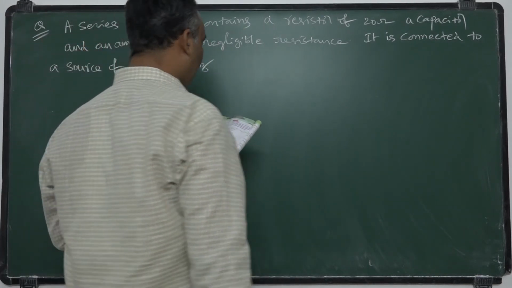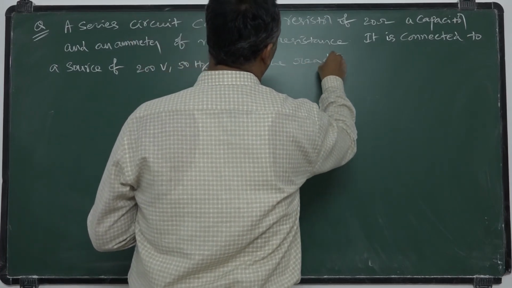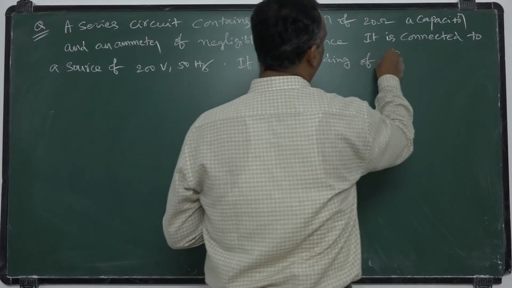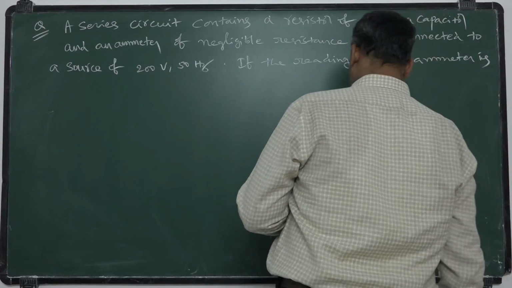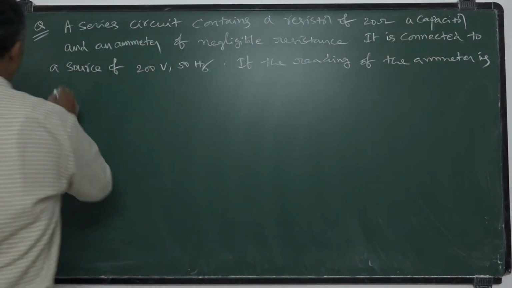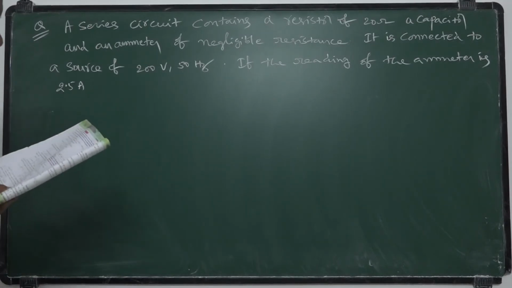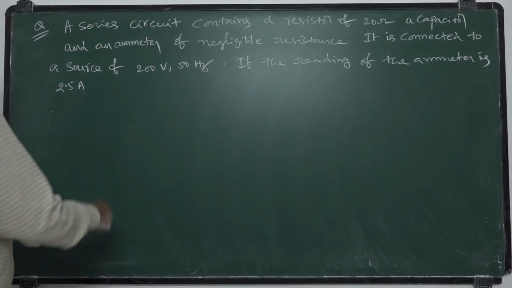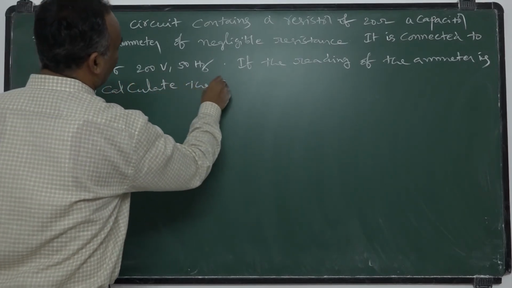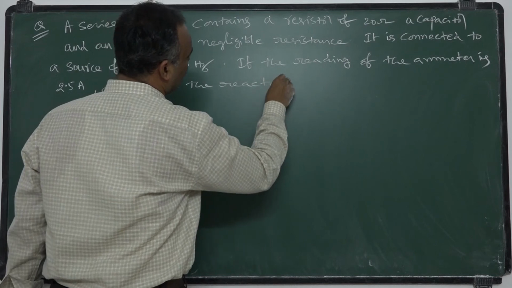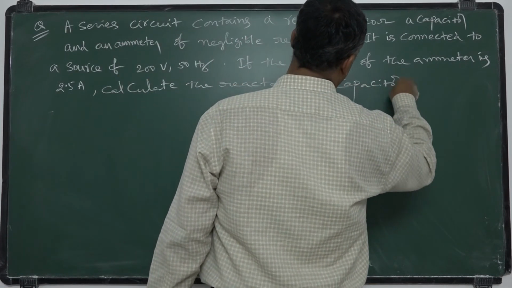If the reading of the ammeter is 2.5 amperes, calculate the reactance of the capacitor. This is the question.